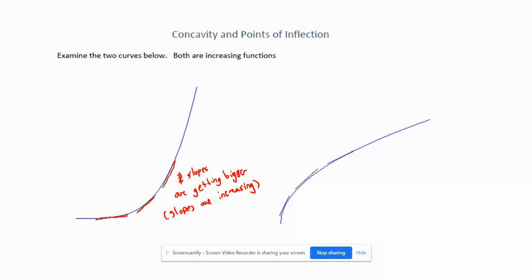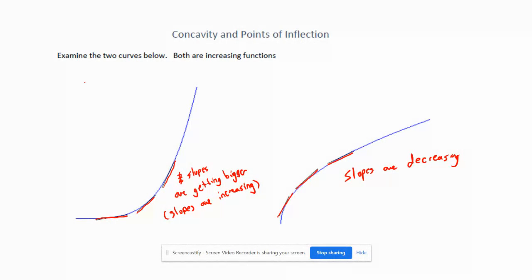Whereas in this one, again, it's still an increasing function, but the slopes are starting steep and they're starting to get flatter. So on the second one, the slopes are decreasing.